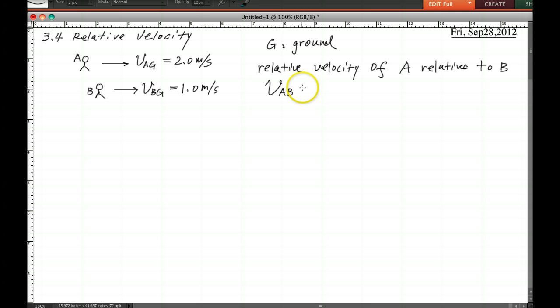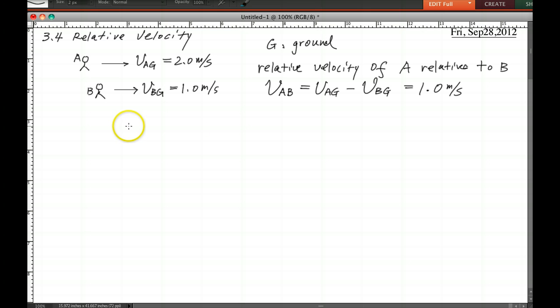Velocity of A relative to B. It's pretty easy to figure out: A is faster and B is slower, so if they walk in the same direction, A is going to be ahead of B. So the velocity of A relative to B is simply VAG minus VBG, and the result is 1.0 meter per second. No question about it.